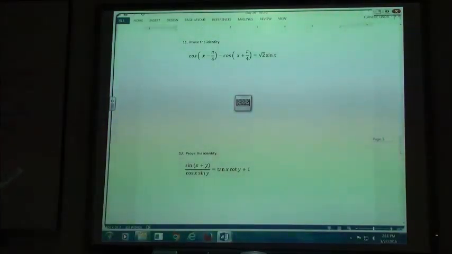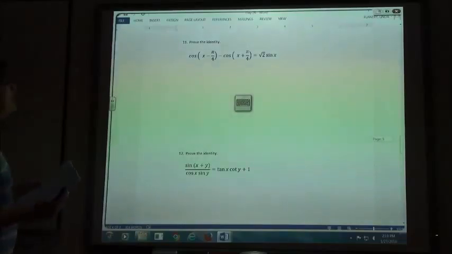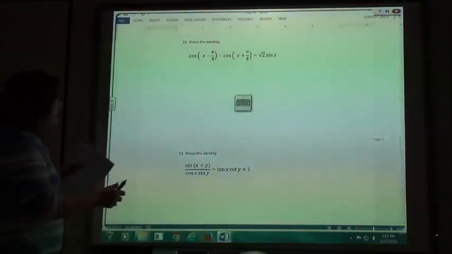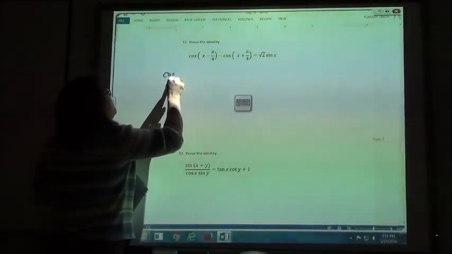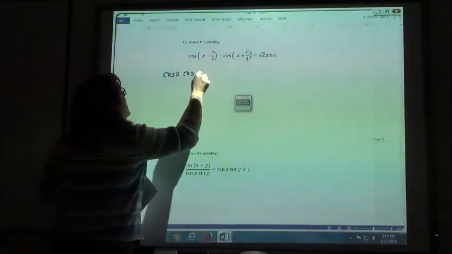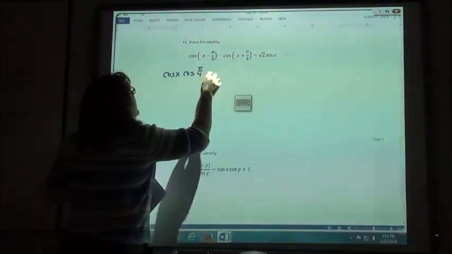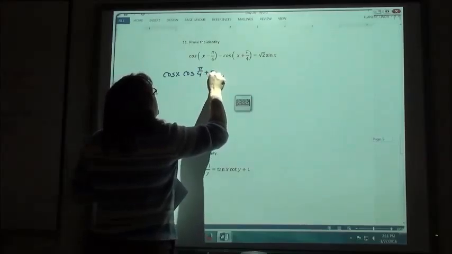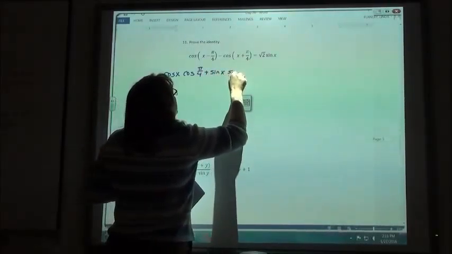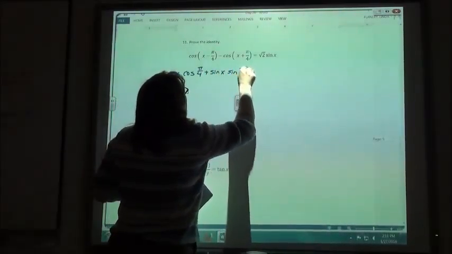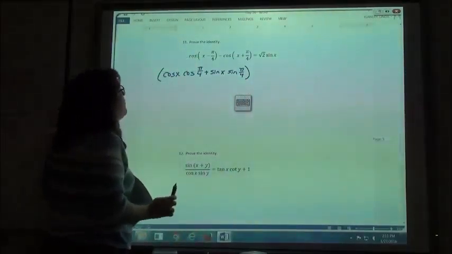So if we go ahead and do that, if I have the cosine of x minus b, I'm going to take the cosine of x, cosine of pi over 4, plus sine of x, sine of pi over 4. There's my difference.